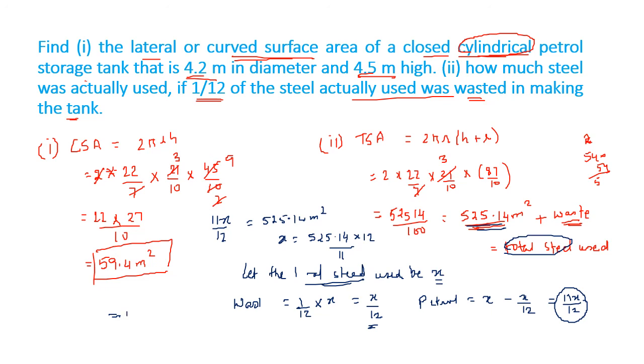It is 572.88 meters square. So this was the actual steel taken, out of which 1/12 was wasted. So the steel tank was made of the remaining, 525.14. The total taken was 572.88, 1/12 was wasted and the tank was made.